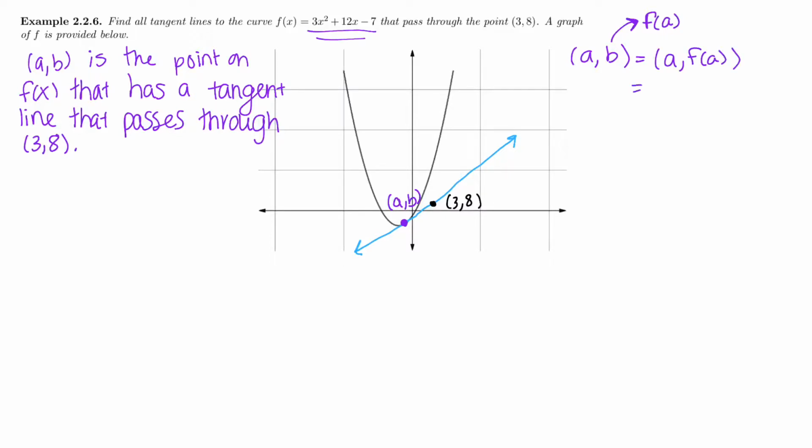And well, that's interesting, because now what we have, f of a is just this function with a plugged into it. So we have 3a squared plus 12a minus 7.